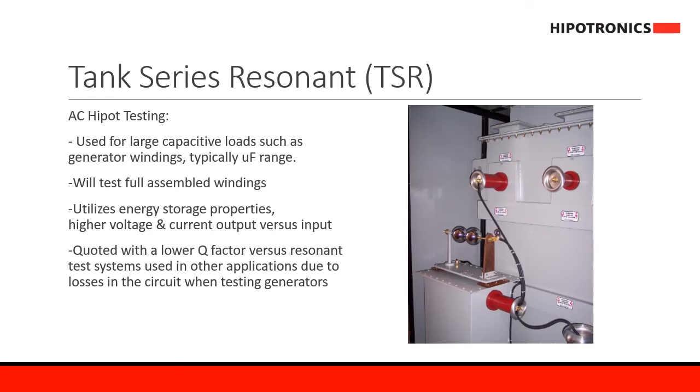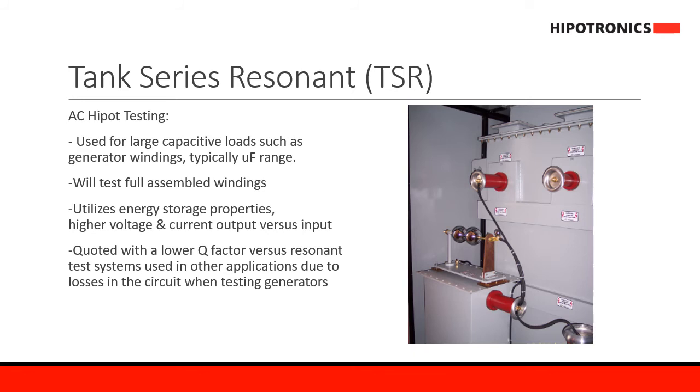Moving to our resonant test systems, the TSR, our tank type series resonant test system, can be used for applied AC test on generator windings and can be built into a single enclosure to maximize portability in the factory or on the site. The TSR is used for large capacitive loads in the microfarads range.